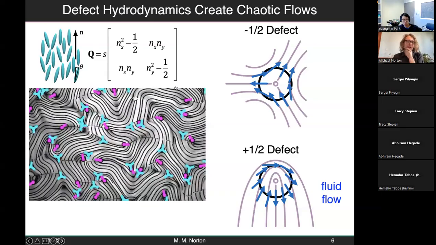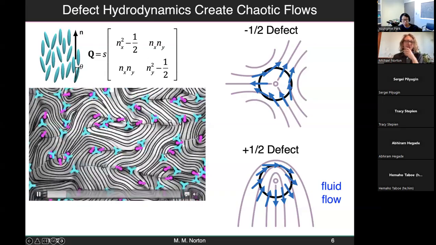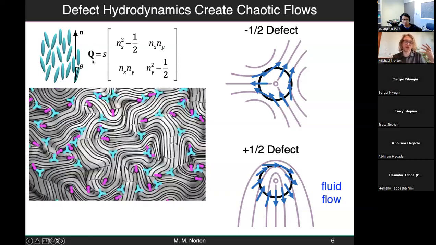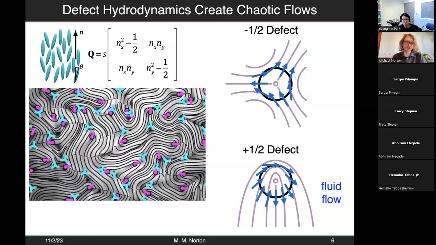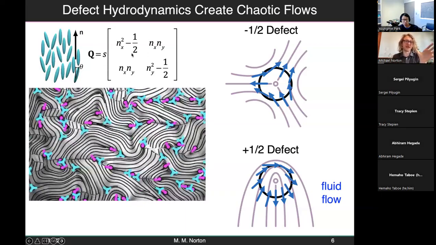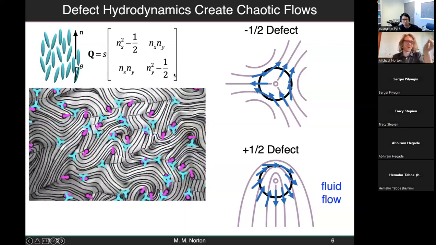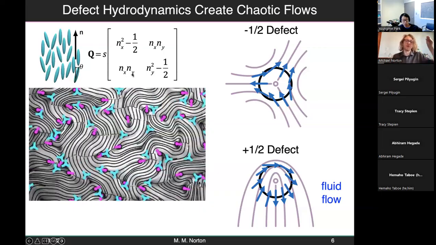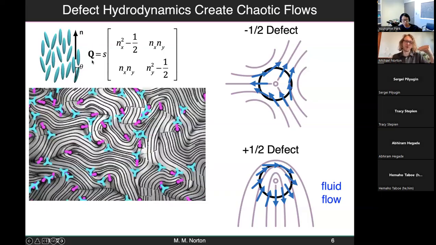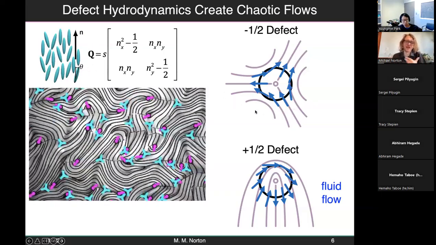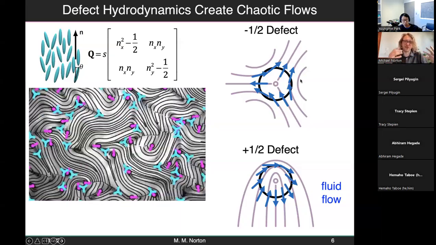We quantify that mathematically using a second order tensor rather than a straightforward vector field. You can see here just by examination that this is quadratic in our orientation. So if I were to go from n to minus n, I wouldn't change Q. That's the feature that enables you to have these half integer defects.